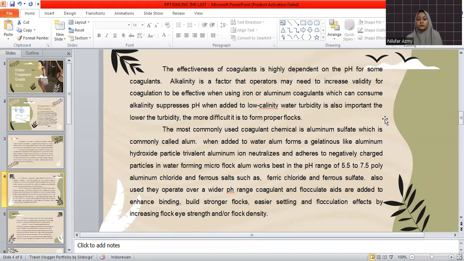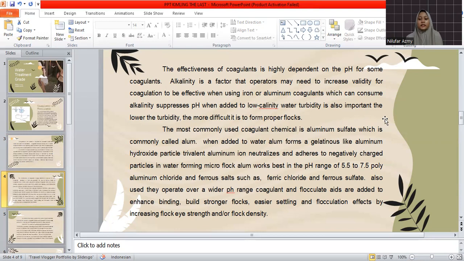Alum works best in the pH range of 5 to 7. Poly aluminum chloride and ferric salts such as ferric chloride and ferrous sulfate are also used. They operate over a wider pH range.